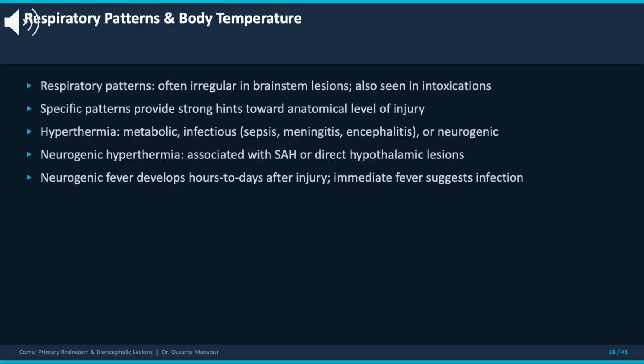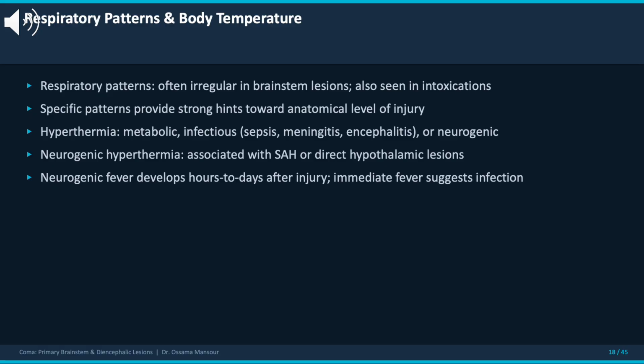However, specific respiratory patterns can provide strong hints towards the anatomical level of injury within the brainstem or suggest bilateral hemispheric dysfunction. Body temperature is another vital parameter requiring careful assessment.